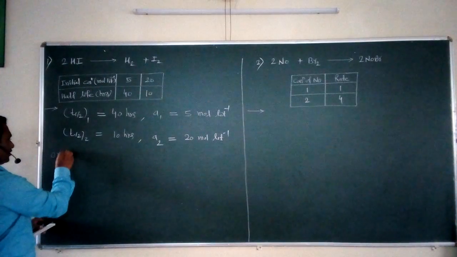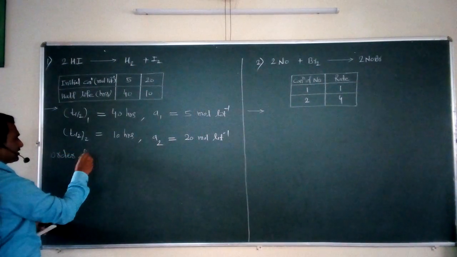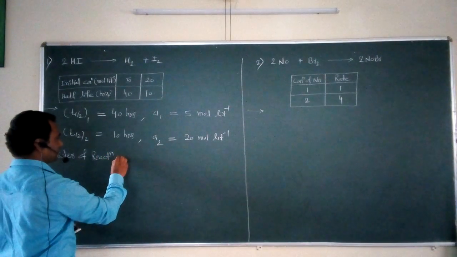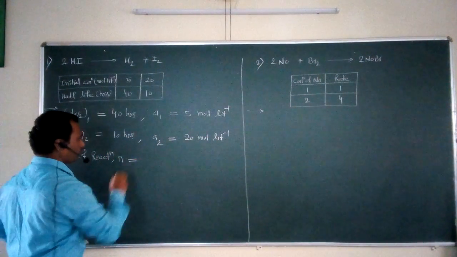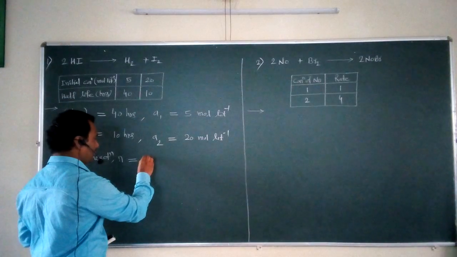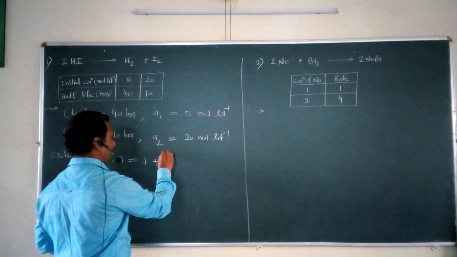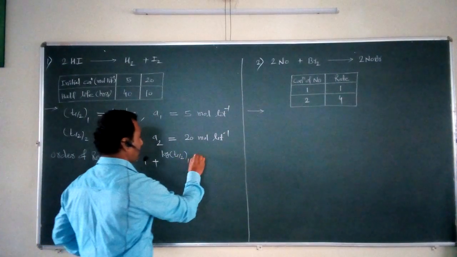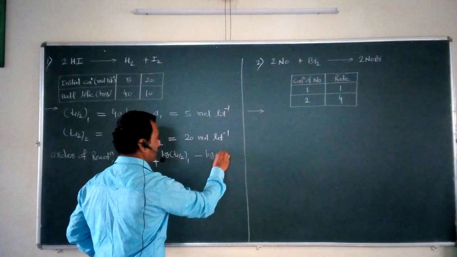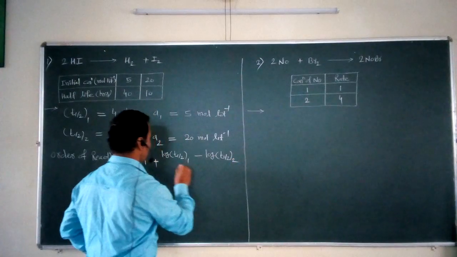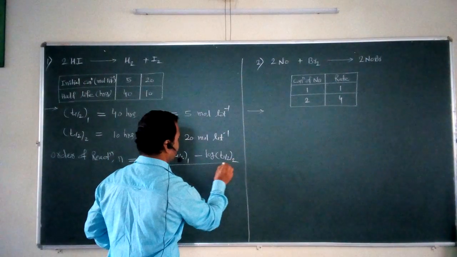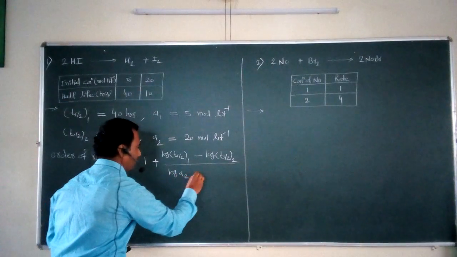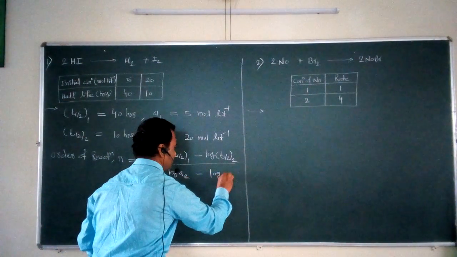The order of reaction, small n, is equal to 1 plus log of T half first minus log of T half second, divided by log of A2 minus log of A1.